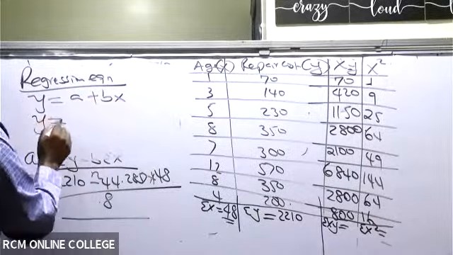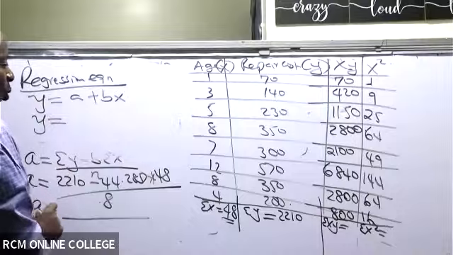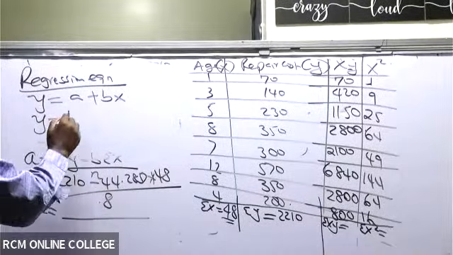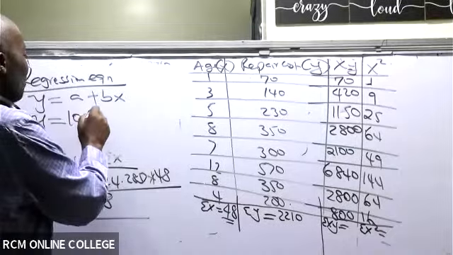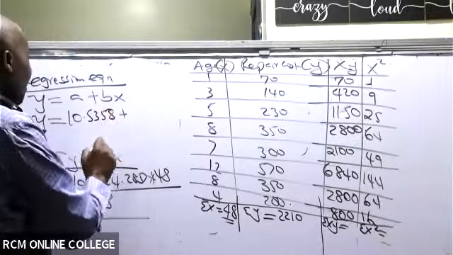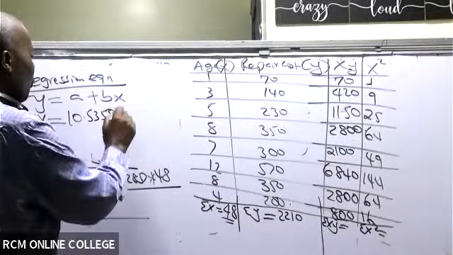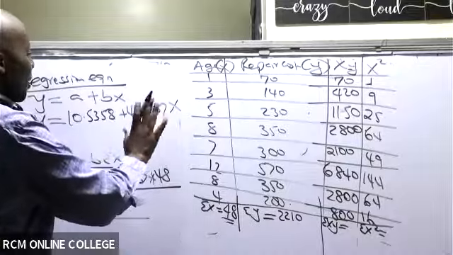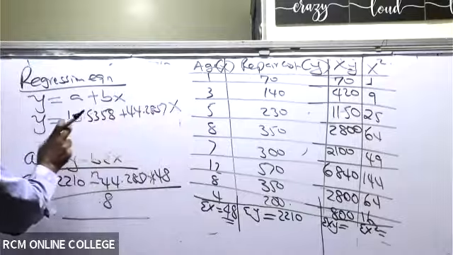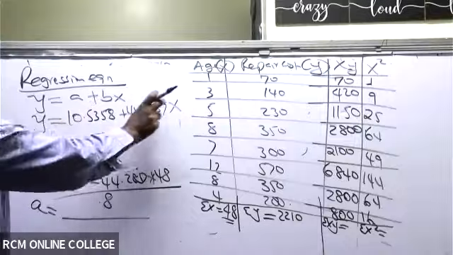So my y will be equal to a that we got here, which unfortunately I have wrapped, but I remember it was 10 point something, 10.5358, plus b, which is 44.2857 x. Remember, the regression equation gives us the connections between the dependent variable and the independent variable.